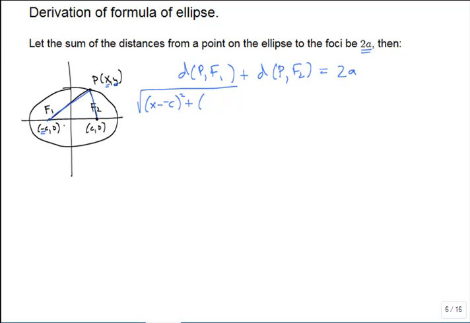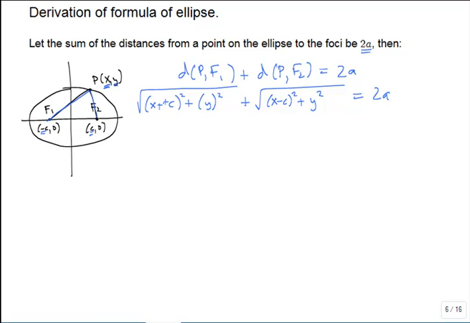So this y minus 0, which would just be y squared. So that's P to F1. Now we're going to do the same thing between P and F2. So the difference in the x's squared, so x minus c quantity squared, plus the difference in the y's squared, y minus 0 is just going to stay y. So here's what we have so far.